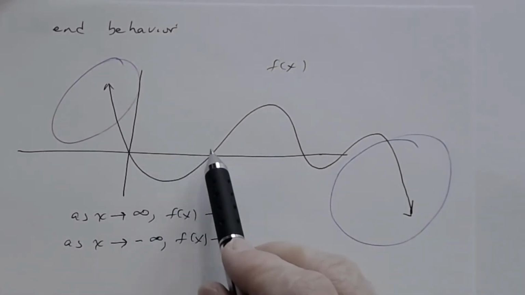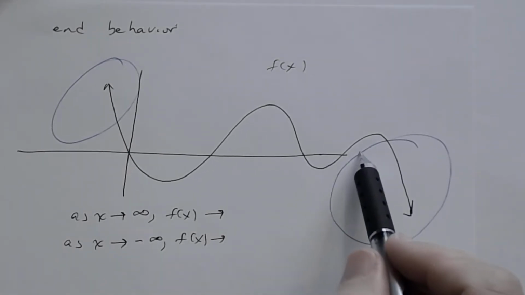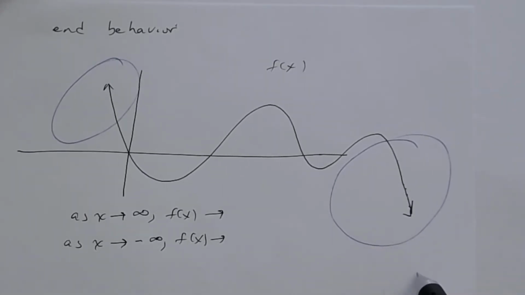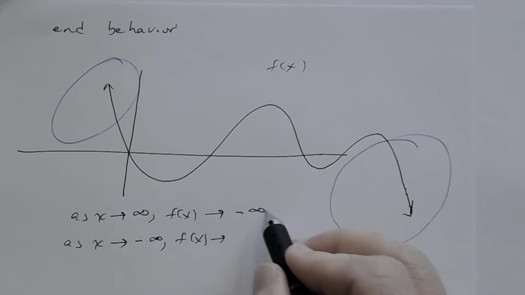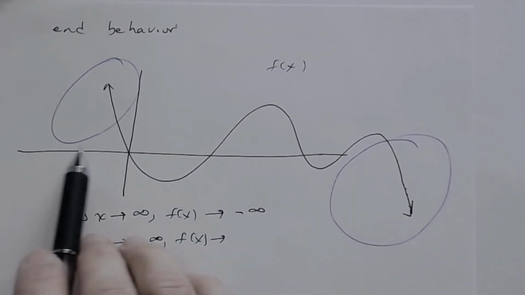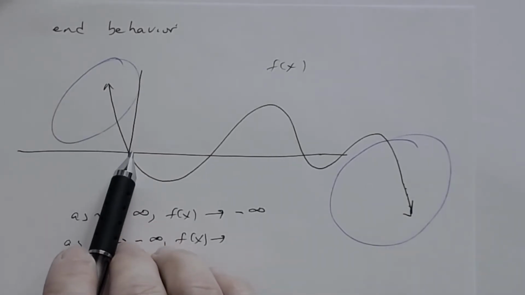Okay? So as x approaches infinity, remember what that means. That means as x gets bigger and bigger and bigger, look at that end behavior. What are my y values doing here? Well, remember, the arrow is pointing down, so your y values are approaching negative infinity. Over here, as x approaches negative infinity, so as x gets smaller and smaller and smaller, what are those y values doing?